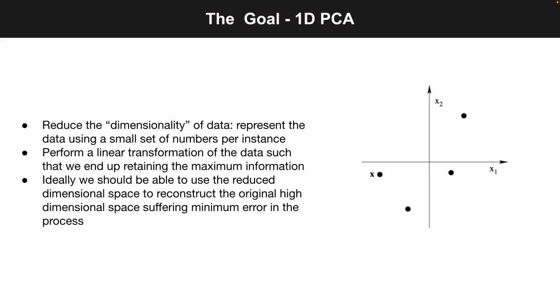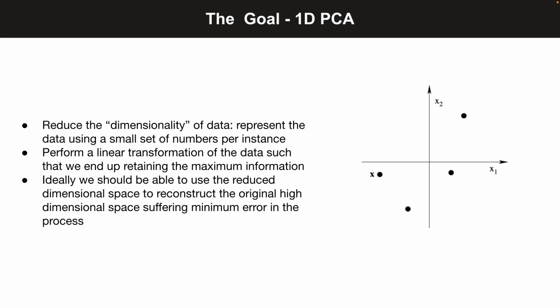You can do whatever you want, but I want that dimension to be such that if I wanted to reconstruct the 2D picture from that one-dimensional data, I should be able to do it as accurately as possible. Is the problem clear?